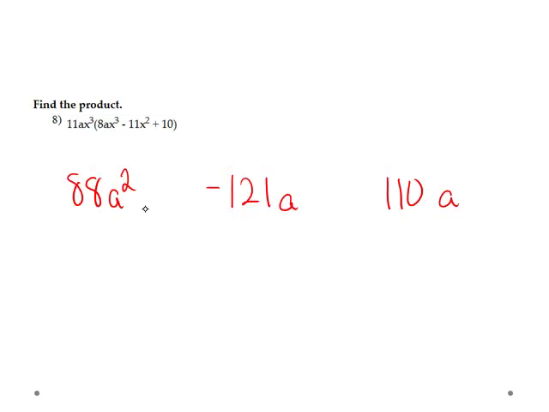Okay. x cubed times x cubed is x to the 6th. x cubed times x squared is x to the 5th. x cubed times nothing is x cubed. I forgot to put in a plus sign here. So my answer is 88a squared x to the 6th minus 121a x to the 5th plus 110a x cubed.